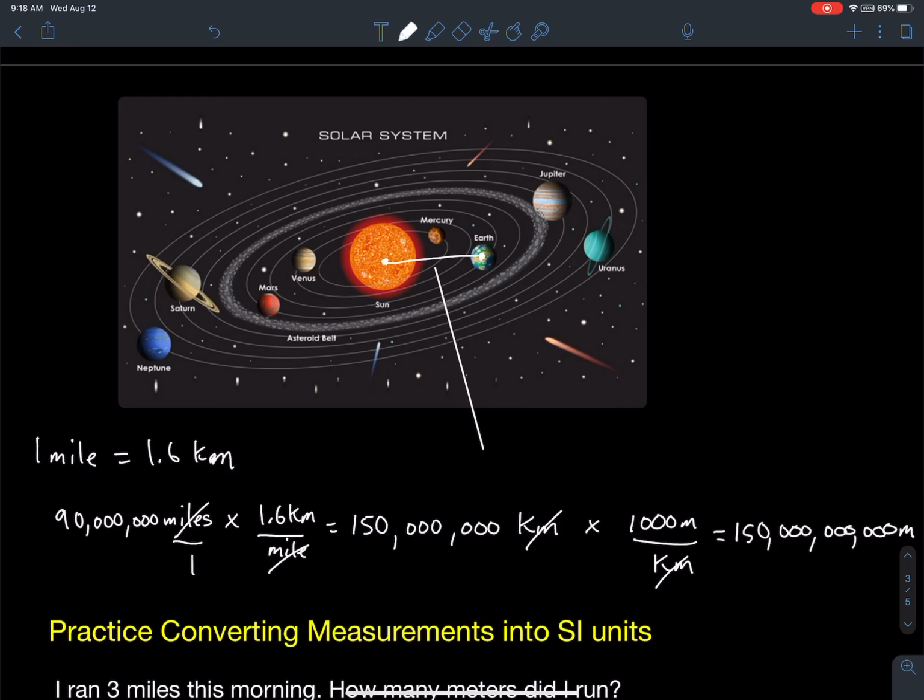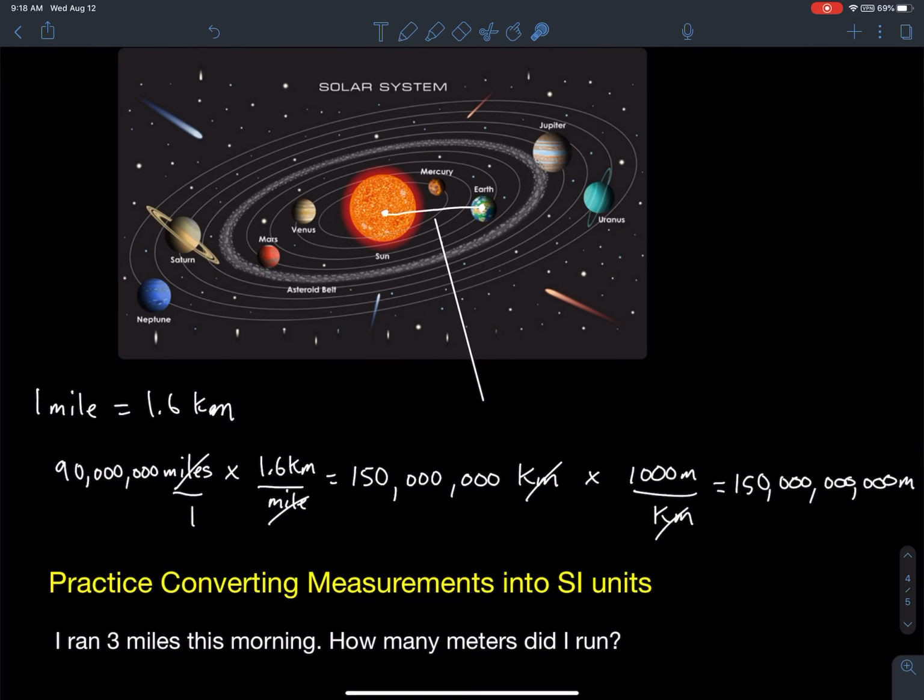Okay, and that's why scientists use scientific notation. That's too many numbers, and it's just going to take me too long to do my homework if I use those numbers. So I can write that as 1.5 times 10 to the 11. Or I can write that as 150. Now there's 9 zeros.